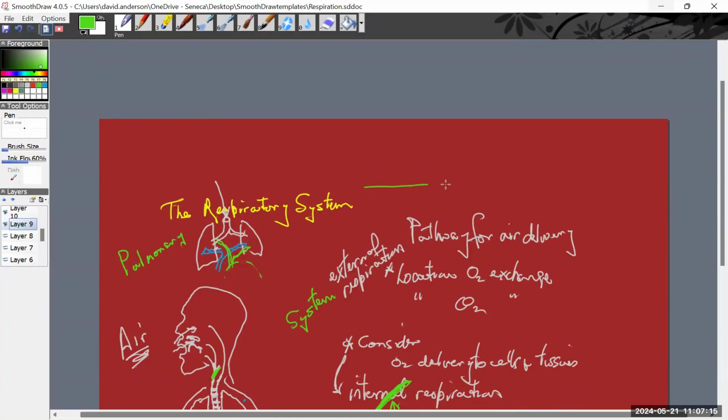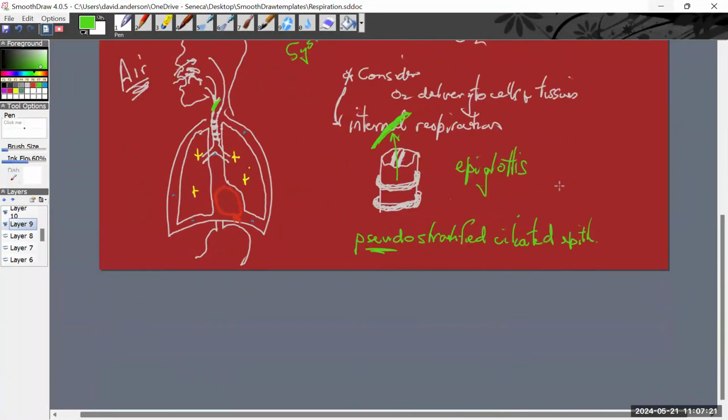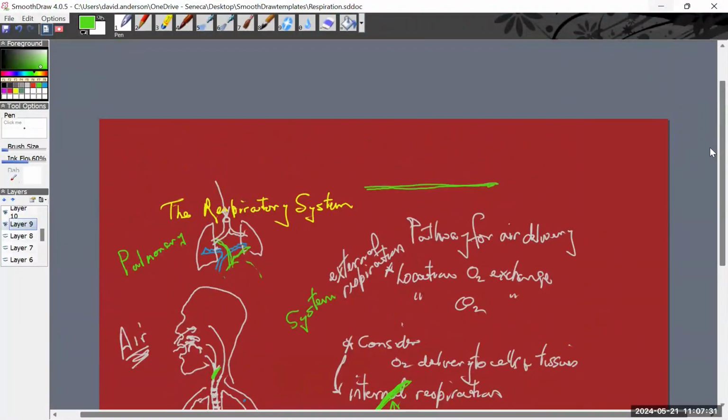So if this is our basement membrane that the cells sit on, so the other thing that I should mention in here is that it is a columnar. And if you remember all the way back to week 2 or so of PNA 100, you'll remember that columnar epithelial cells are taller than they are wide.